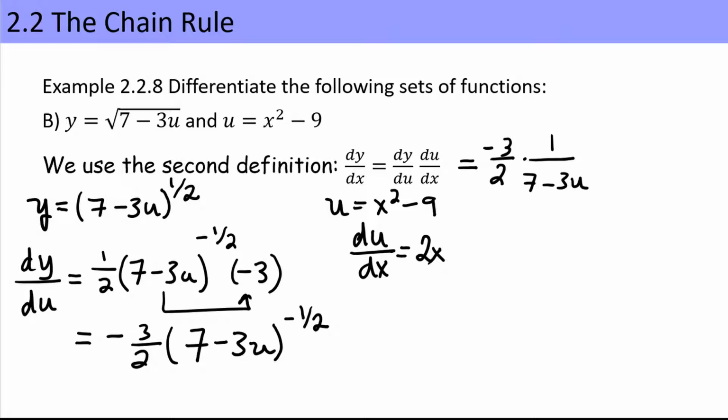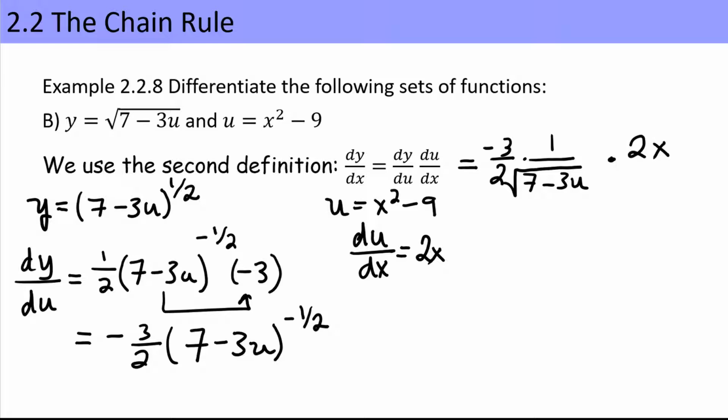That makes the negative into a positive. We put it in the denominator, and instead of writing 1/2, we'll use the radical symbol. Then we need to multiply that by the derivative du dx, which is 2x.